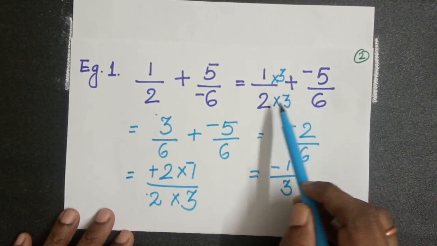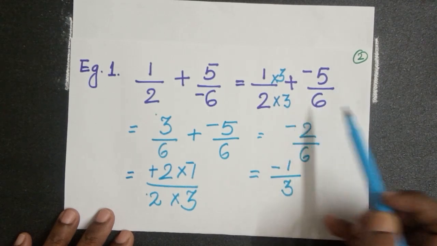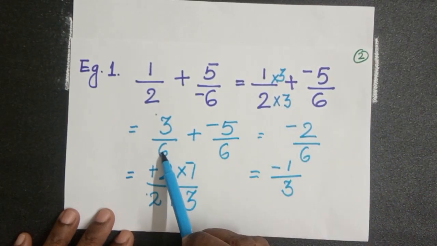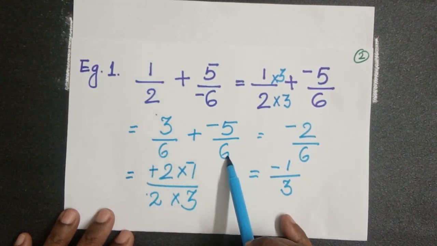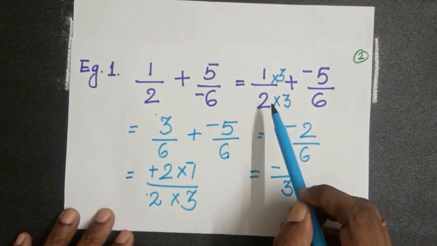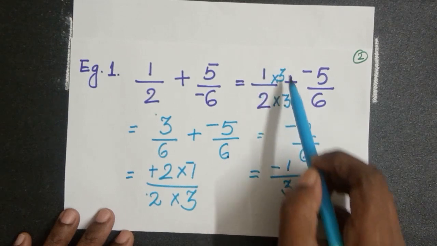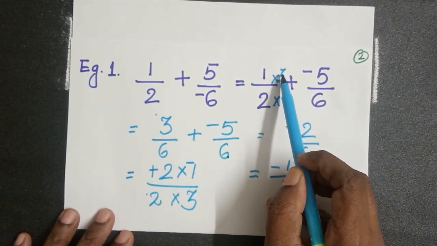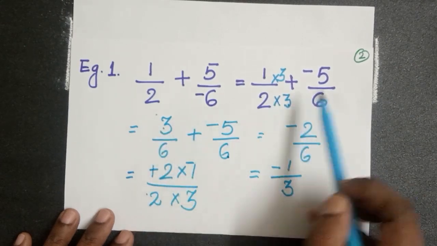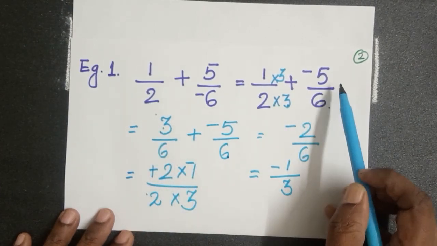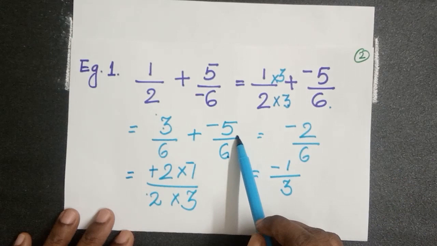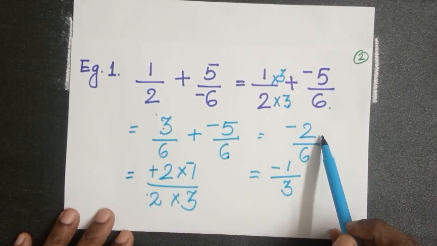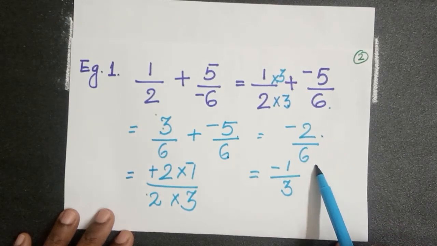The LCM of 2 and 6 is 6, because 2 3s are 6. We keep the LCM as the common denominator and change the numerator accordingly. So 2 3s are 6, multiply by 3, so you get 3, and here 6 is the denominator, so the numerator stays the same. So 3 plus minus 5, which is equal to minus 2 upon 6.